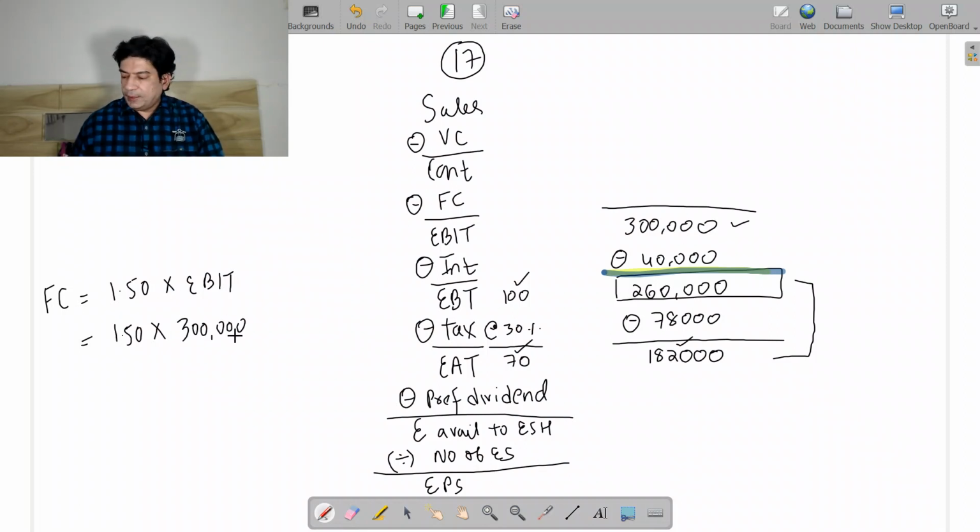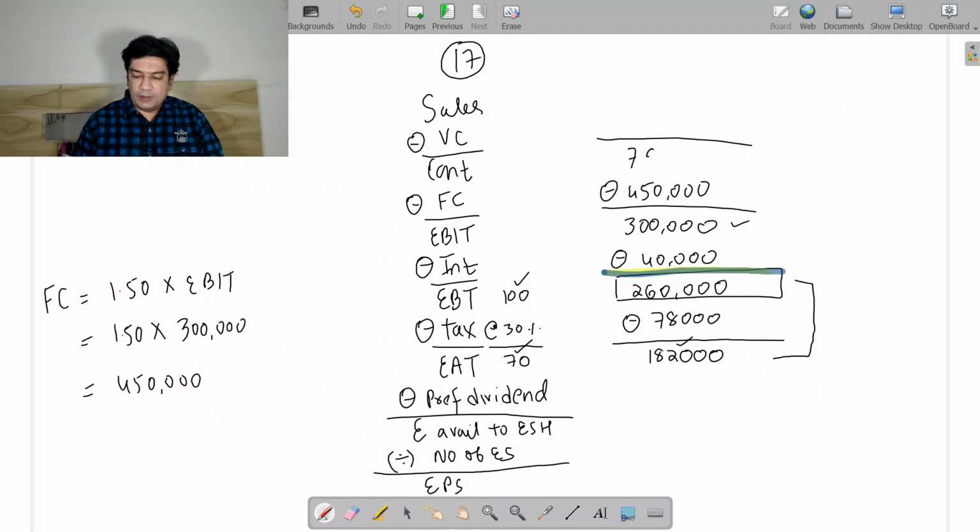So 3 lakhs into 1.5, so 4,50,000 is my fixed cost. So here I am writing 4,50,000. Now 3 lakh plus 4,50,000 will give me 7,50,000. So 7,50,000 is my contribution.